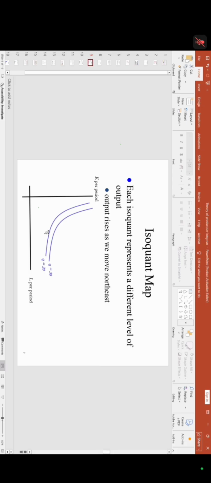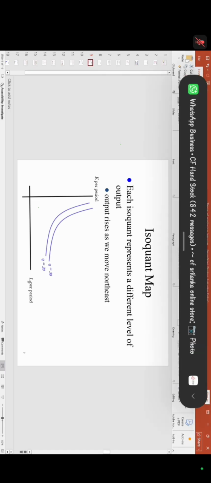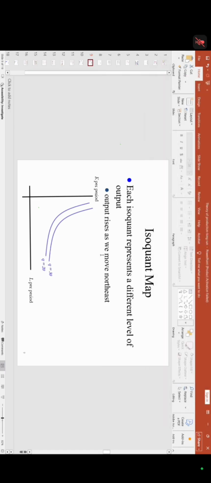If I rename this particular isoquant curve as A, then A's output is lower than the B output, or the B curve. Clear? So output rises as you are moving to the northeast.